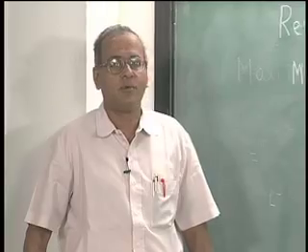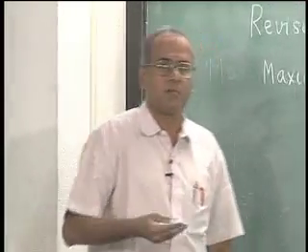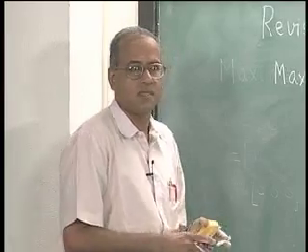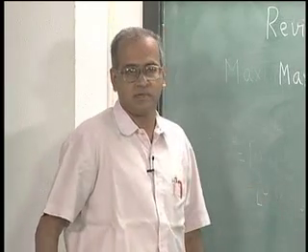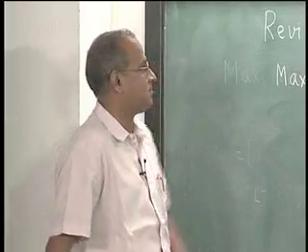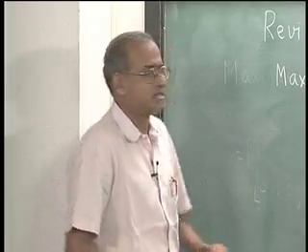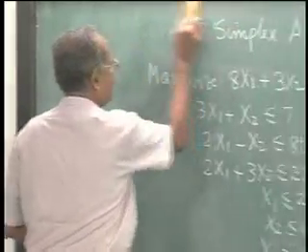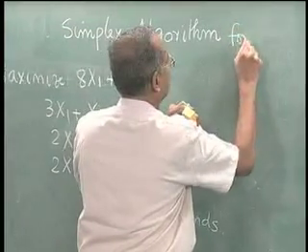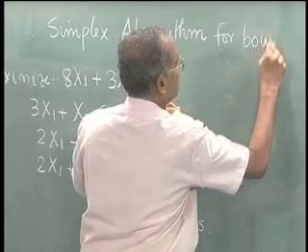If it involves only one variable, then the constraint becomes a bound. So, can simplex be adapted to problems which have bounded variables? We will now address what to do with simplex when it has bounded variables, and the algorithm that we will see is called the simplex algorithm for bounded variables.